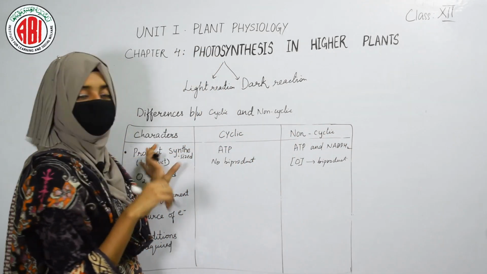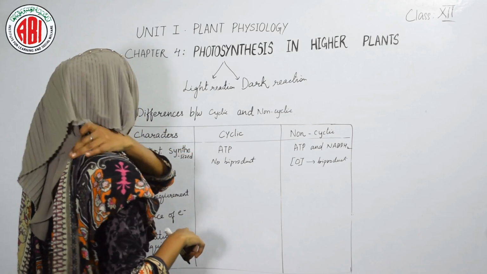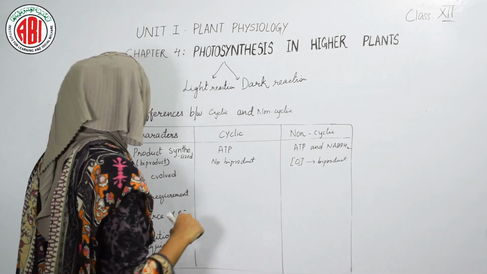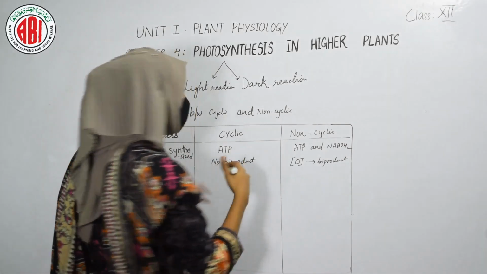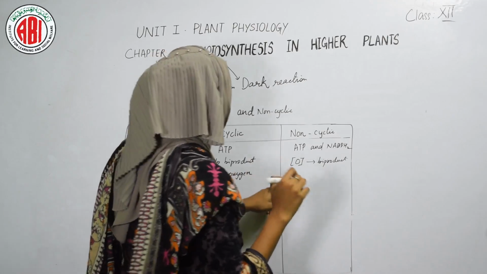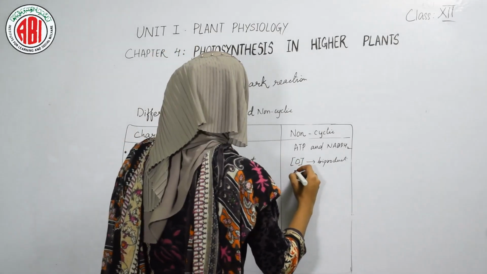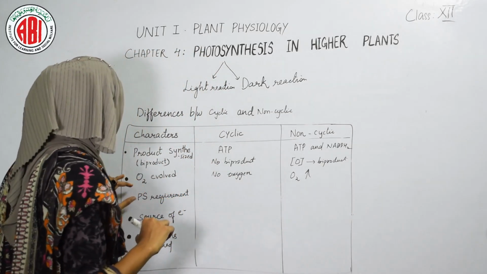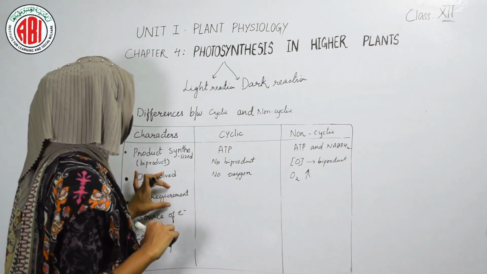The next character is oxygen evolved. In cyclic, as there is no byproduct, no oxygen evolvement takes place. In non-cyclic photophosphorylation, oxygen is evolved or released. The next one is photosystem requirement.